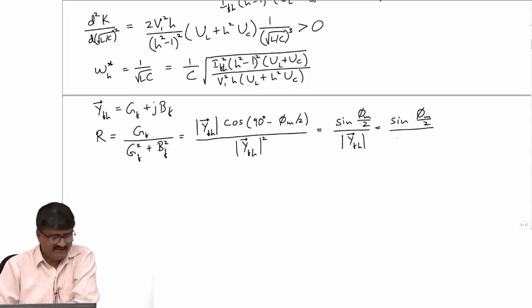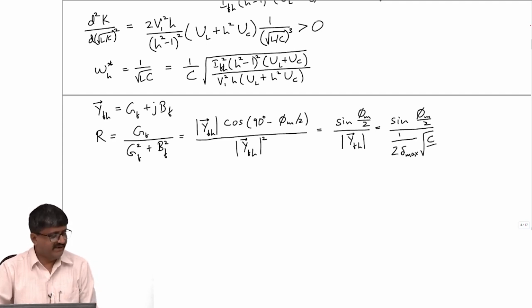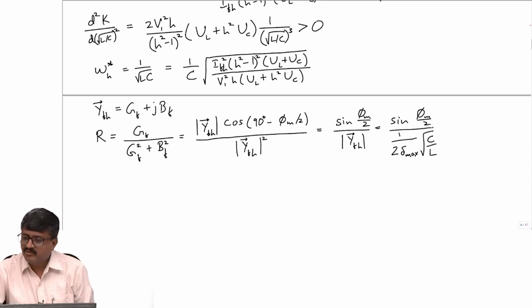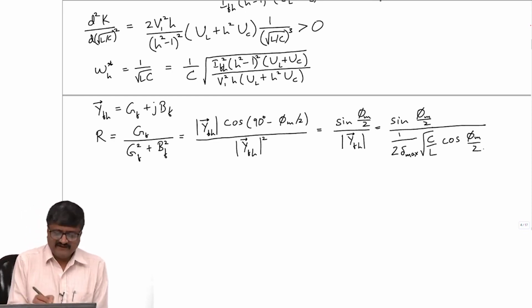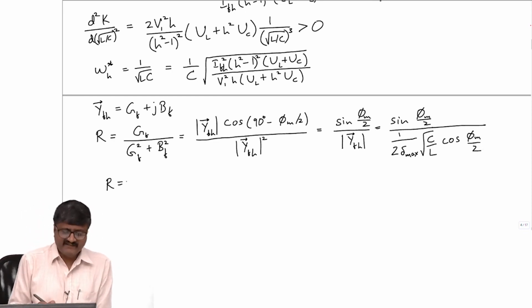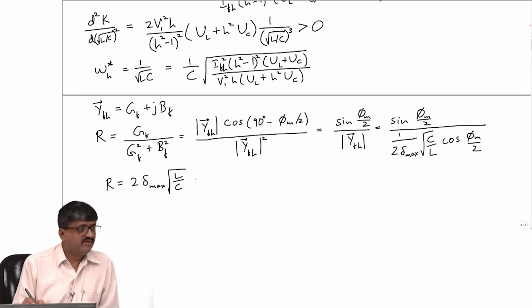So y of h is 1 by 2 delta max root c by L into cosine of phi m by 2. So finally, I get the expression for R as 2 delta max, if I do simplification, into root L by C into what?